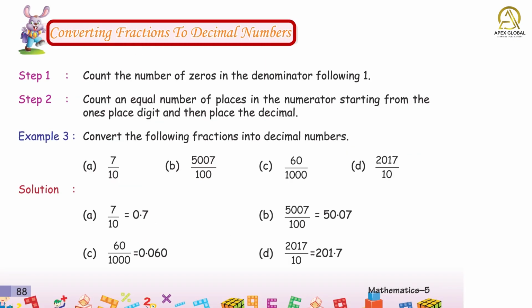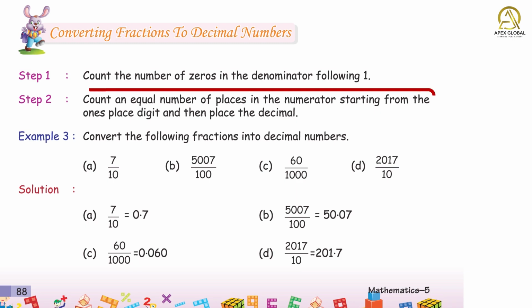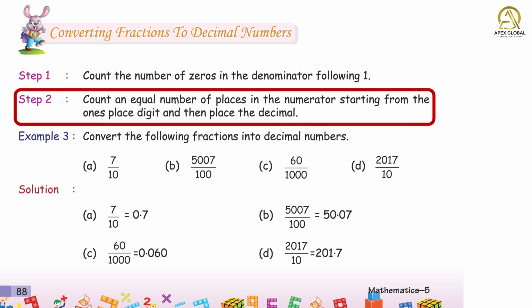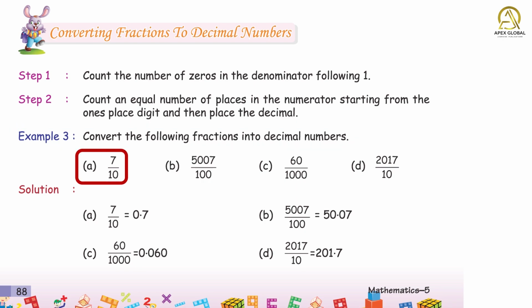Converting fractions to decimal numbers. Step 1: count the number of zeros in the denominator following 1. Step 2: count an equal number of places in the numerator starting from the ones place digit, and then place the decimal point. Example 3: convert the following fractions into decimal numbers. A: 7 upon 10. B: 5007 upon 100.